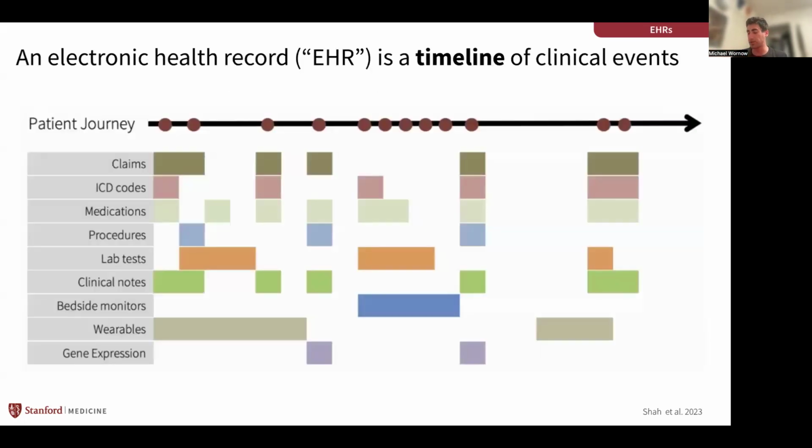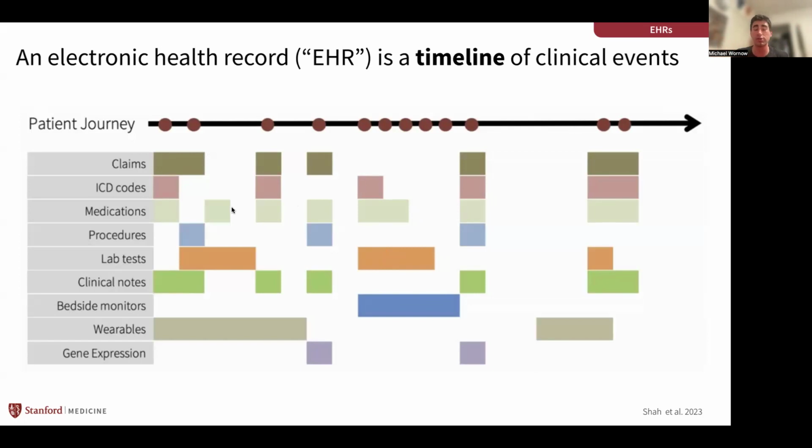So just to level set with folks in the audience, when I say an electronic health record, what I really want you to picture is not the Epic interface, but in the most abstract sense, what is a health record of a patient? And as you can see in this really nice depiction from my advisor, Nigam, a patient's health record, a patient journey, is really a timeline of clinical events that happen to them.